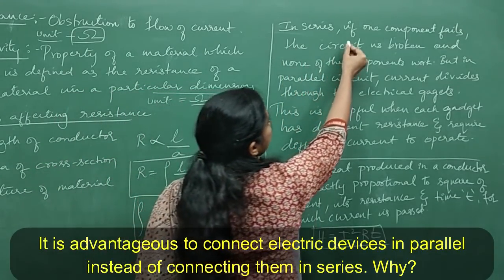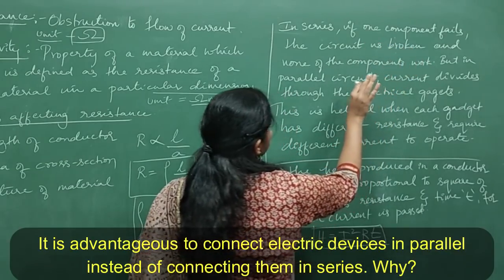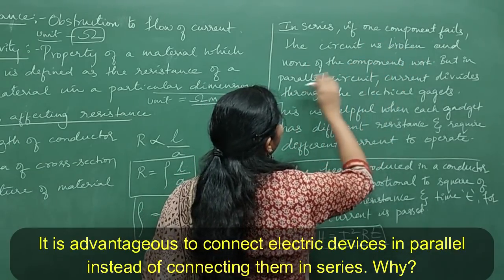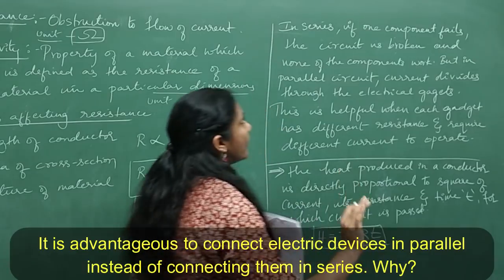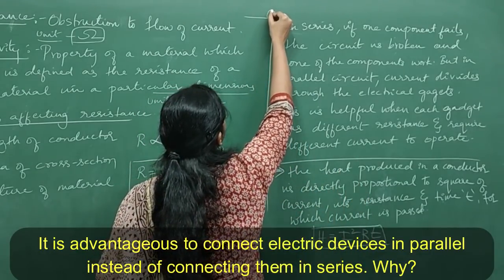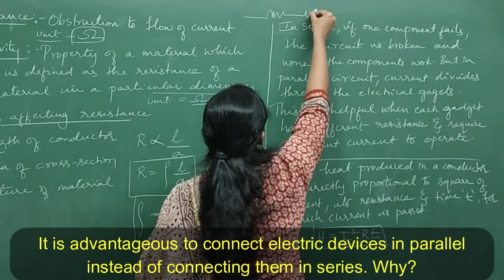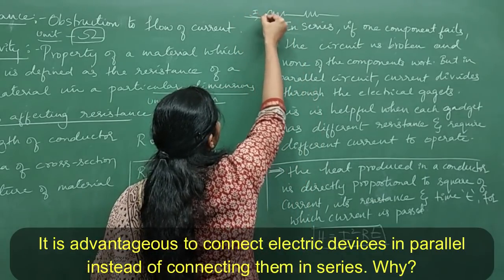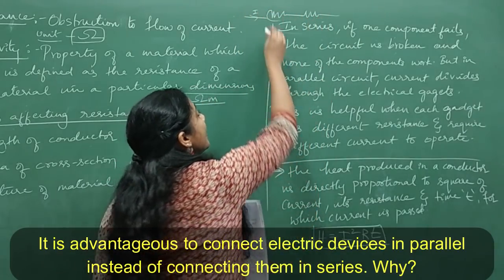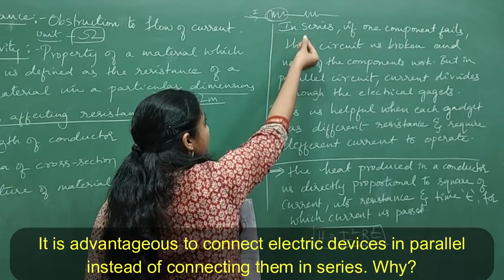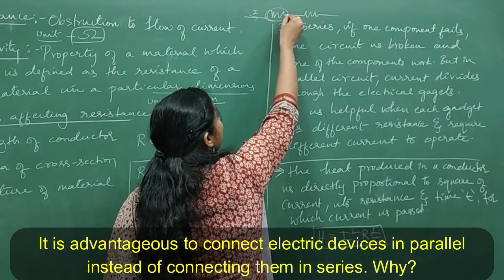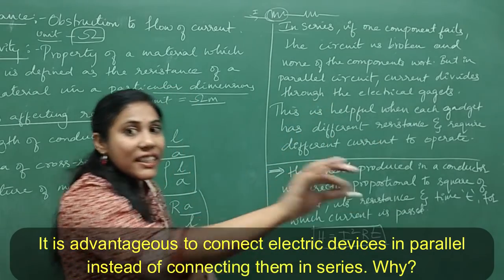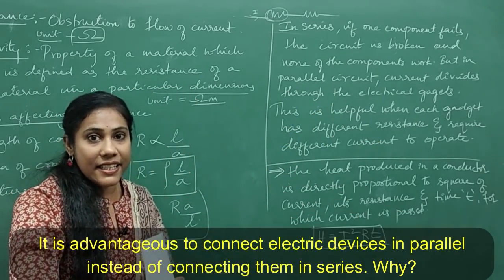In series, if one component fails, the circuit is broken and none of the components will work. If you connect the components in series, what would happen? The same amount of current flows through all the devices, so if one device fails to work, then the current may not pass through the other devices that are connected in series, isn't it?